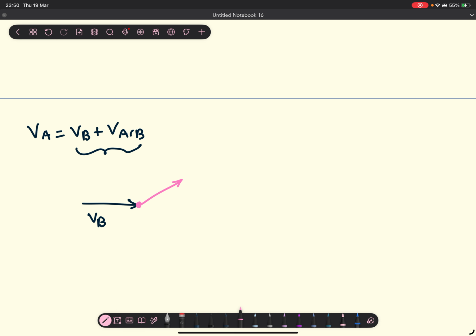For example, this is not actually how it's going to look, this is just an example. So this would be VA relative to B, and then VA would start at the tail of VP and it would end at the head of VA relative to B. So this is your resultant, which is the sum of the two, and the ones that you're adding are connected head to tail, if that makes sense.